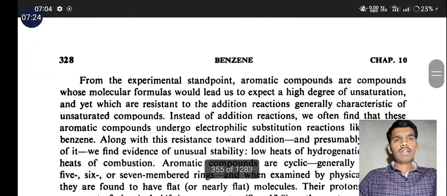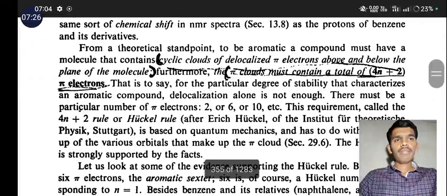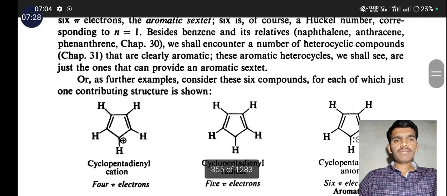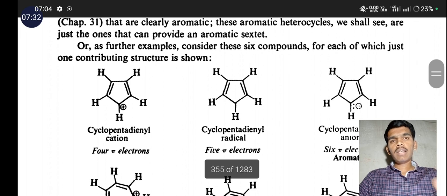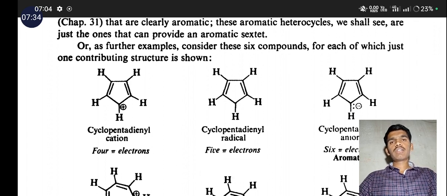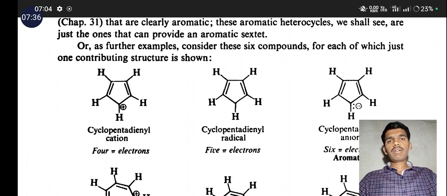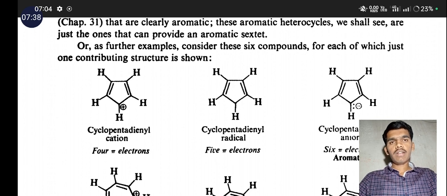Then here I will explain the structure. So other than benzene, other structures could also have aromatic character. We have to consider not always based on the resemblance of any compound with that of benzene.